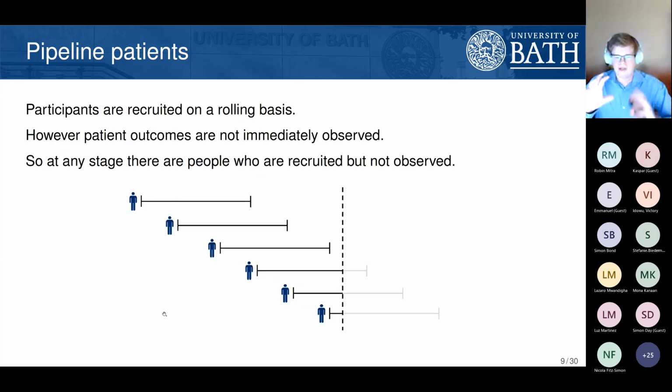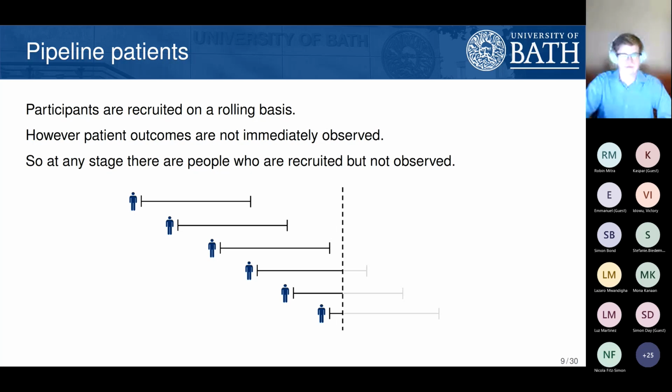Now let's think more in depth about that recruitment to cohort 1, upon which we're going to base the decision for how we recruit cohort 2. And we'll know, particularly with the talks earlier, that patient outcomes are not going to be immediately available.